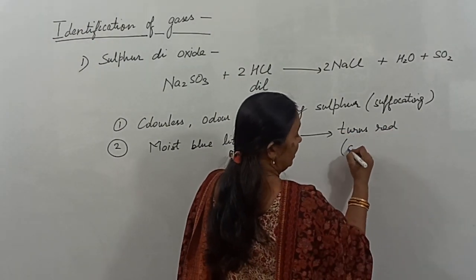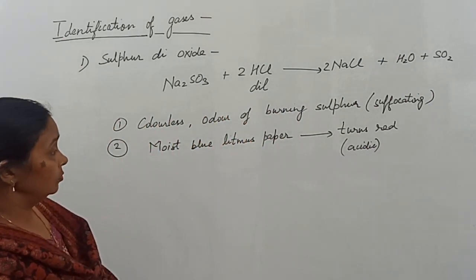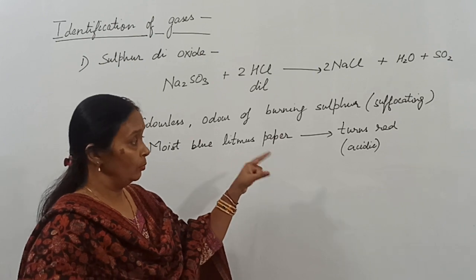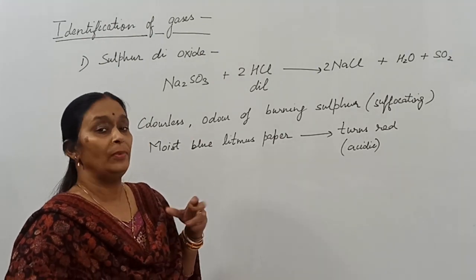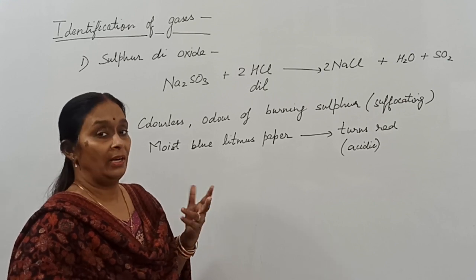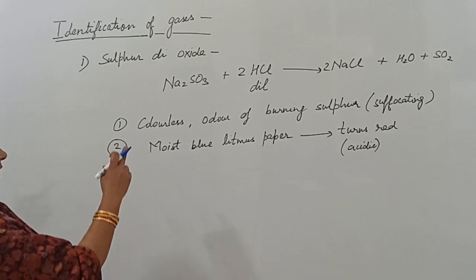This shows that the gas is acidic in nature. The blue litmus paper turns red and then it finally bleaches, meaning the color is completely lost. But that is only temporary. The bleaching action of this gas is actually temporary.